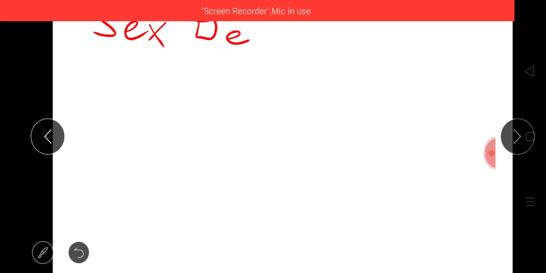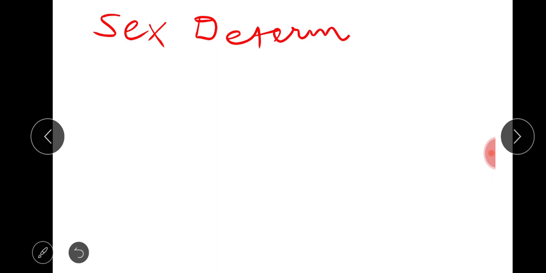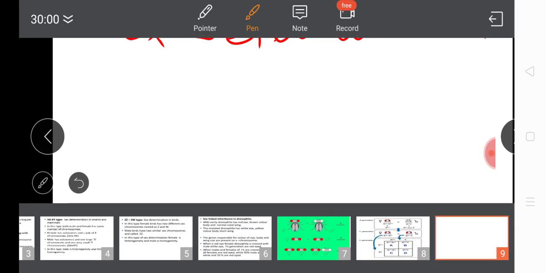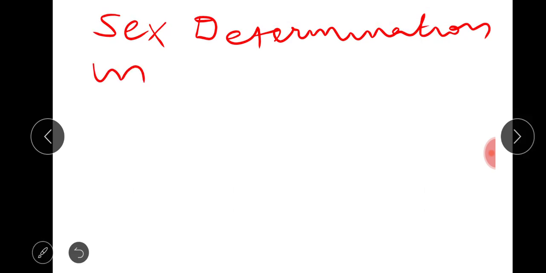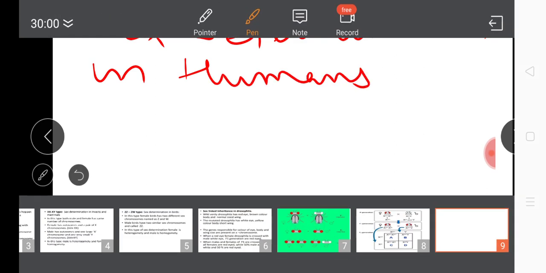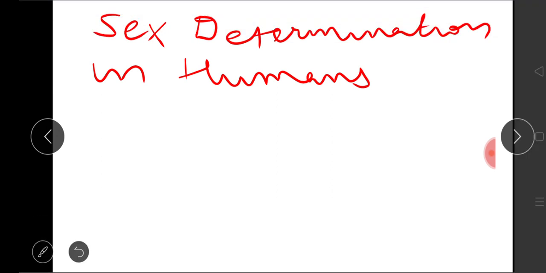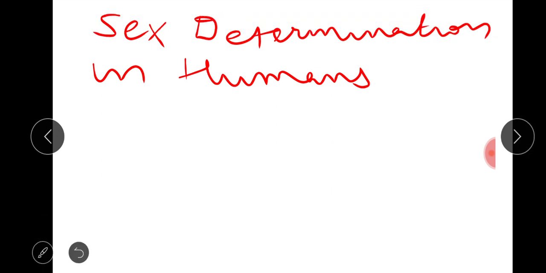Now let us study about sex determination in humans. As it has already been mentioned, the sex determination mechanism in case of humans is XX-XY type.